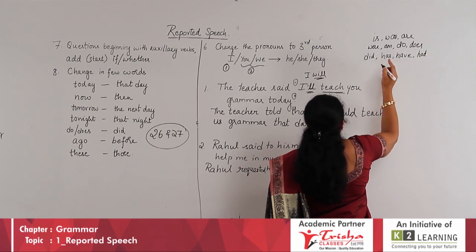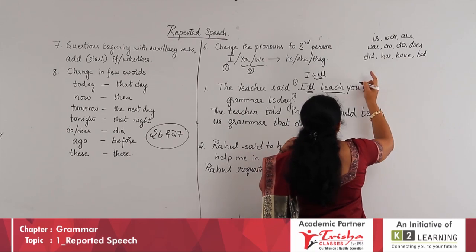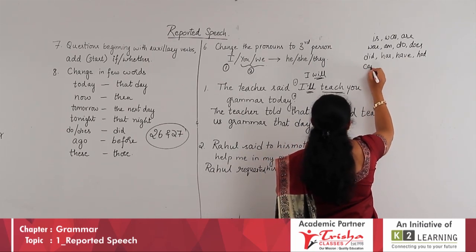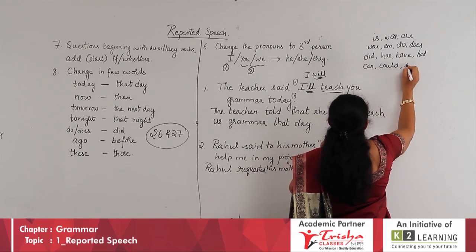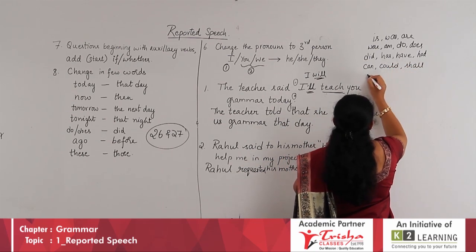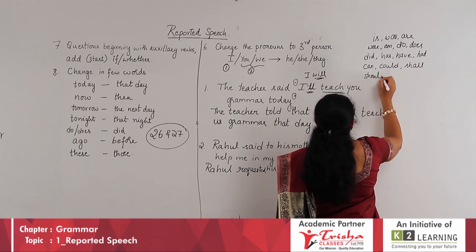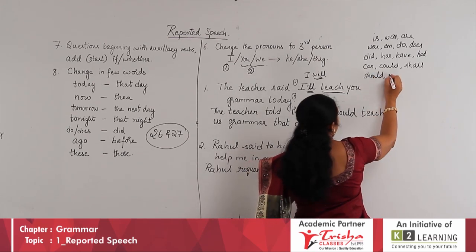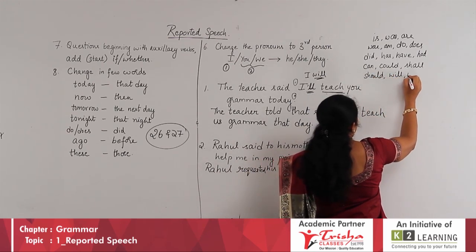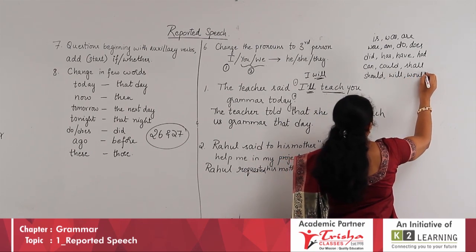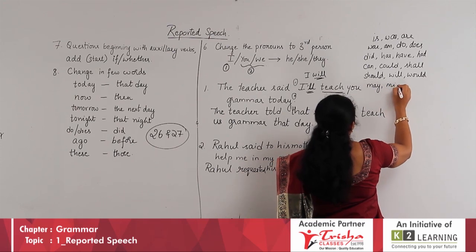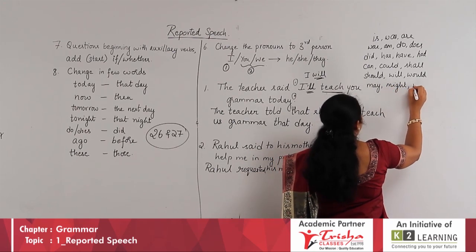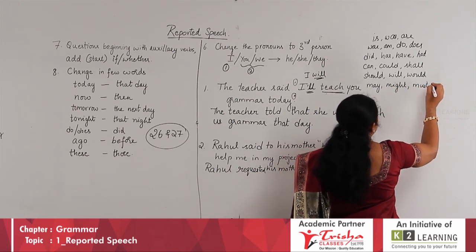Then I'll move on to the modal verbs: can, could, shall, should. Then I have shall, should, will, would, may, might, and must. Let me stop at this, okay?